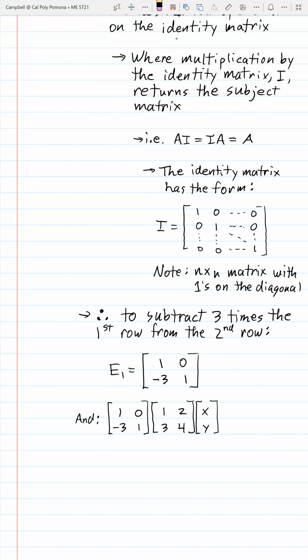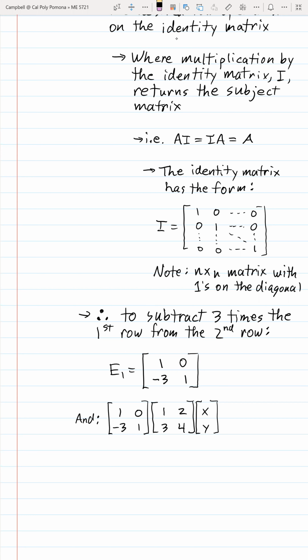And so we can see how this is going to modify what's happening with my expression. 1 times 1 is just going to give me a 1, plus 0 times 3, so I'm just going to get a 1.